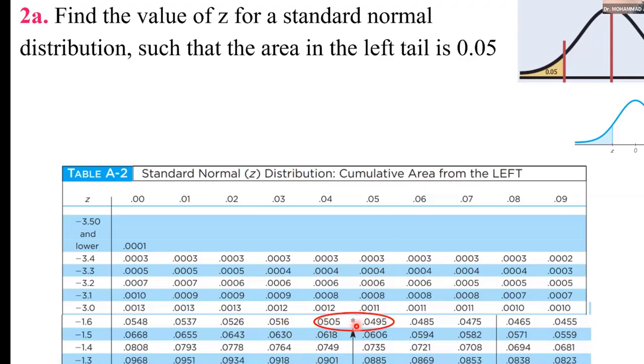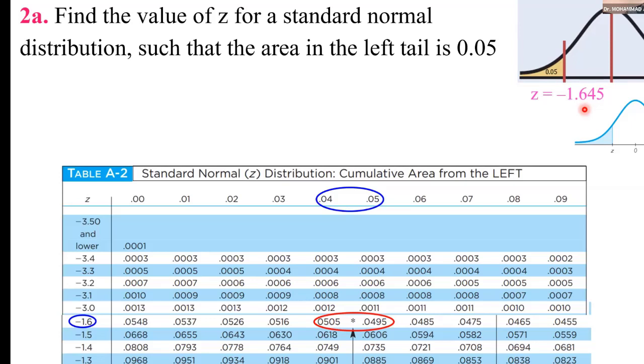In fact, it shows with an asterisk. If you look at the whole picture, you can read negative 1.6 on the left column. And at the top, you can read 0.04, 0.05, which means the number is in between, and therefore z becomes negative 1.645. This is how you do the reading from the z table with negative scores.